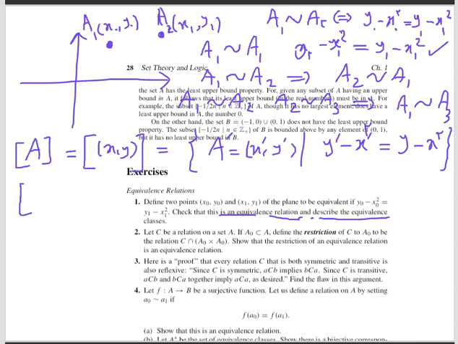For example, take (0, 0). What is the equivalence class of this?